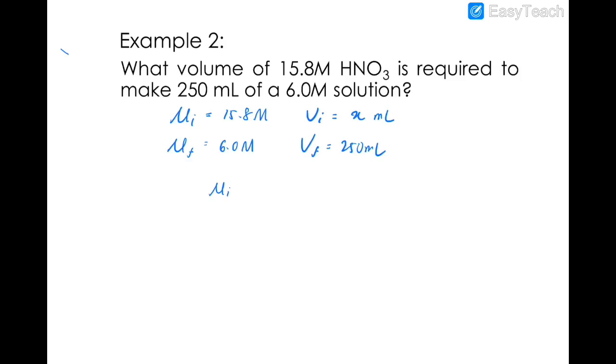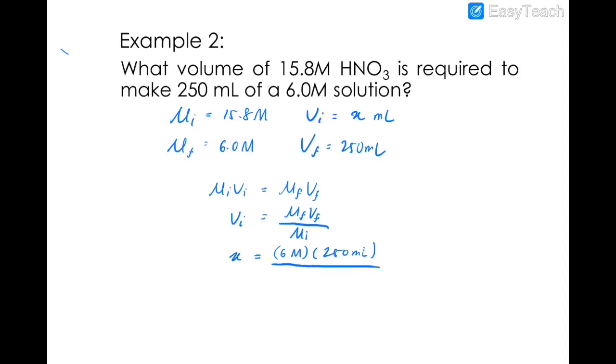Jadi bila kita guna pakai MIVI equals to MFVF, so kita punya misi adalah untuk cari initial. So rearrange balik di formula. So you get that the X is equals to 6 molar times 250 ml divided by 15.8 molar.